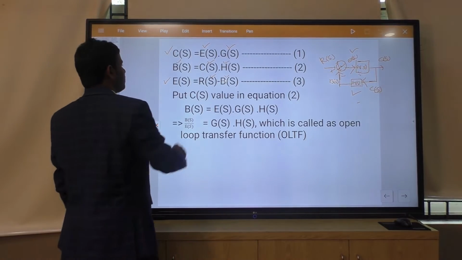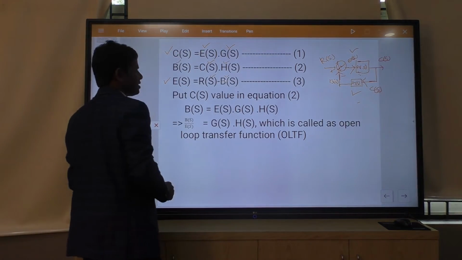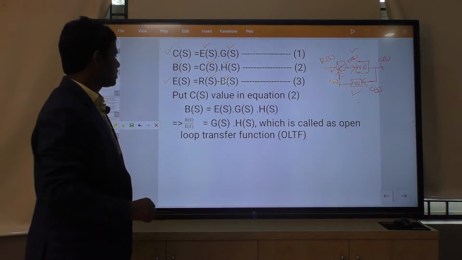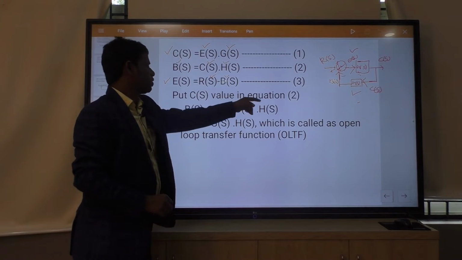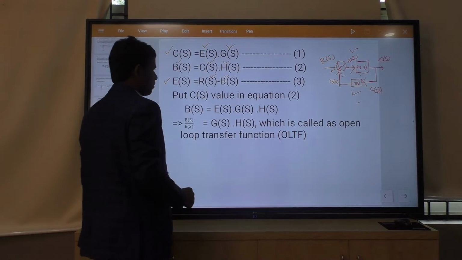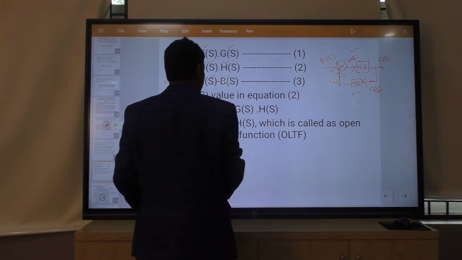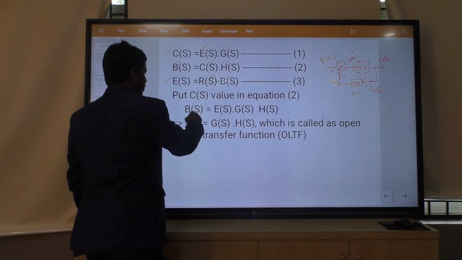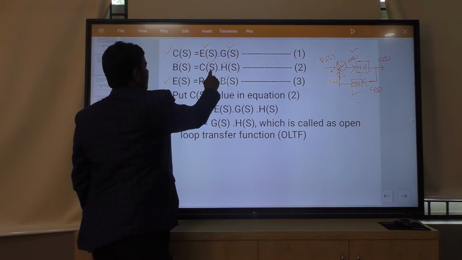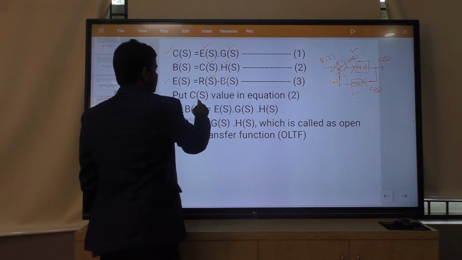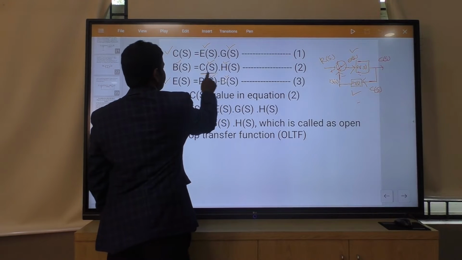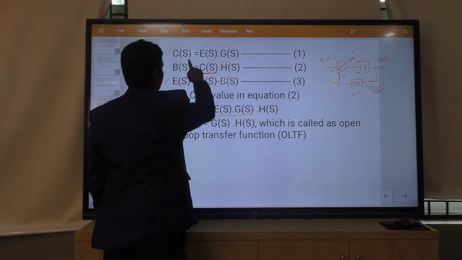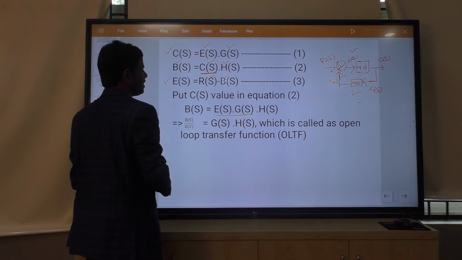Take the C(s) value from equation 1 and put it in equation 2. Equation 2 is B(s) is equal to C(s)H(s). The C(s) value from equation 1 is E(s)G(s).